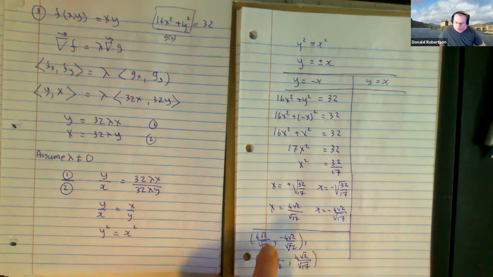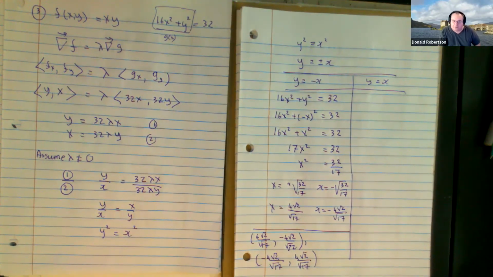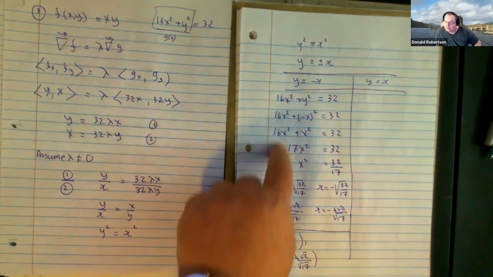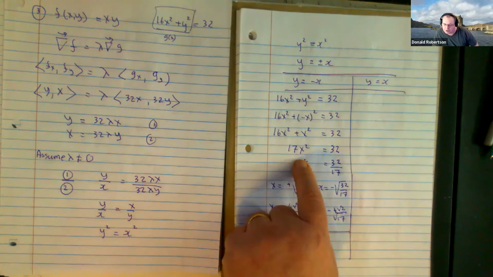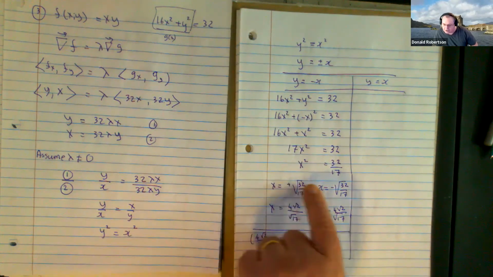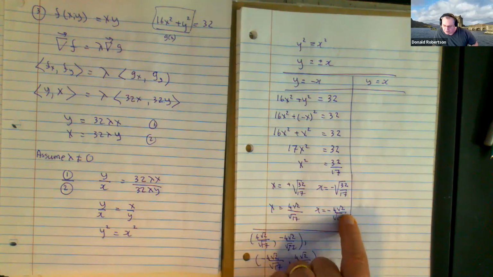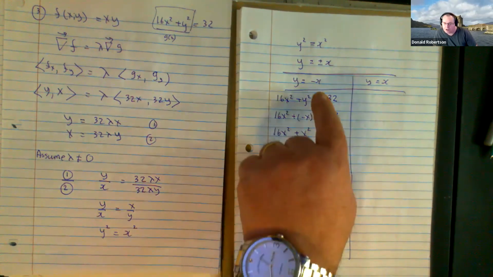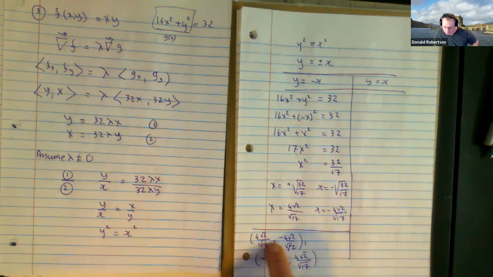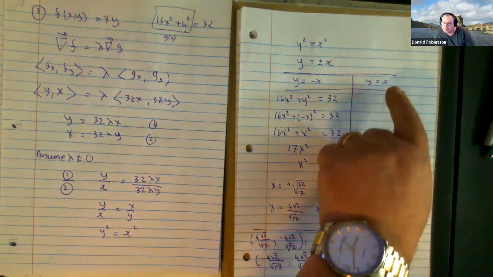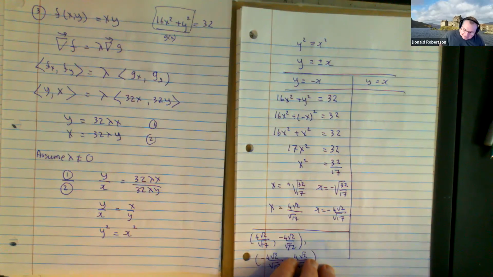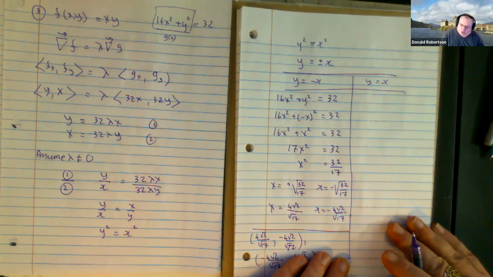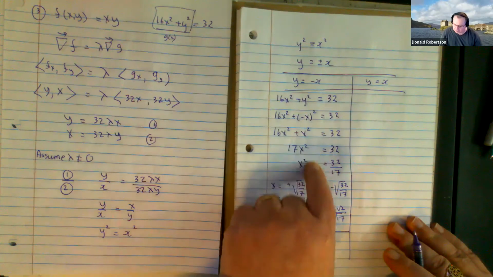Are you comfortable about where those two critical numbers have come from based on the working that we've done here? We replaced the y with negative x, and we ended up with an equation with x's, which when we solved gave us two solutions. For this solution, the y will be the negative of it, so that's 1 point. For this solution, the y will be the negative of it, and it's that one. And then you have another possibility that the y and the x are the same thing. And if I did that, would you agree that you virtually get exactly the same working?